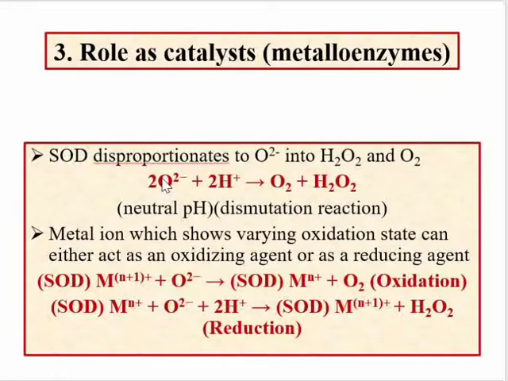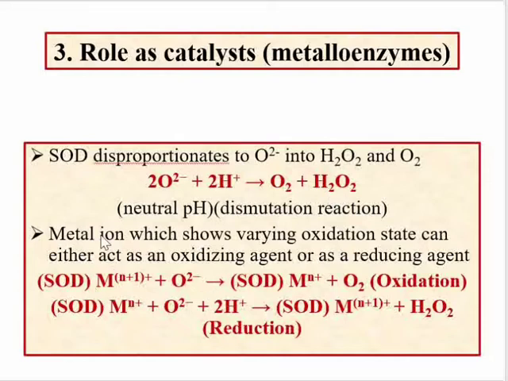Here you will find the oxidation state going from -1/2 to 0 and to -1, so oxidation takes place: the superoxide is oxidized to O2 and reduced to hydrogen peroxide. This is the main function of superoxide dismutase. It disproportionates the generated superoxide into oxygen and hydrogen peroxide.